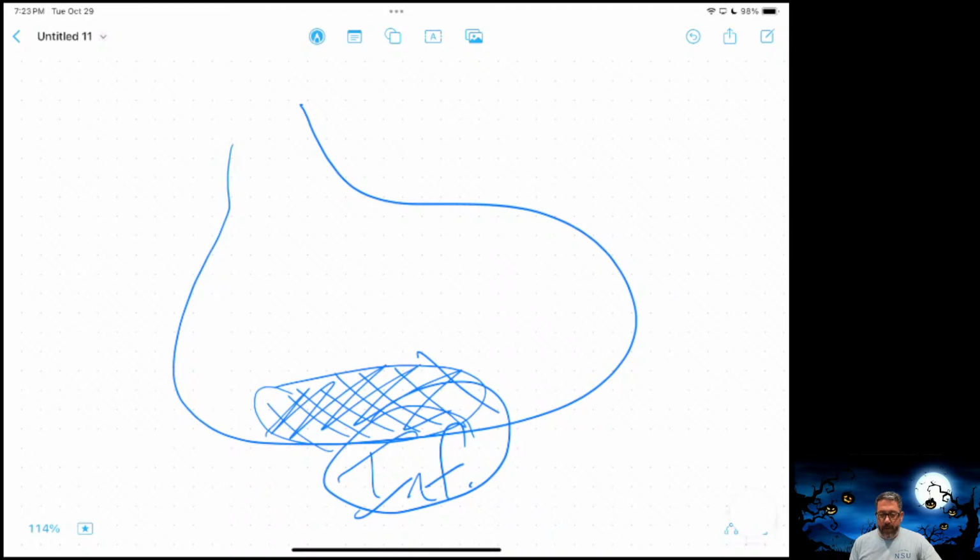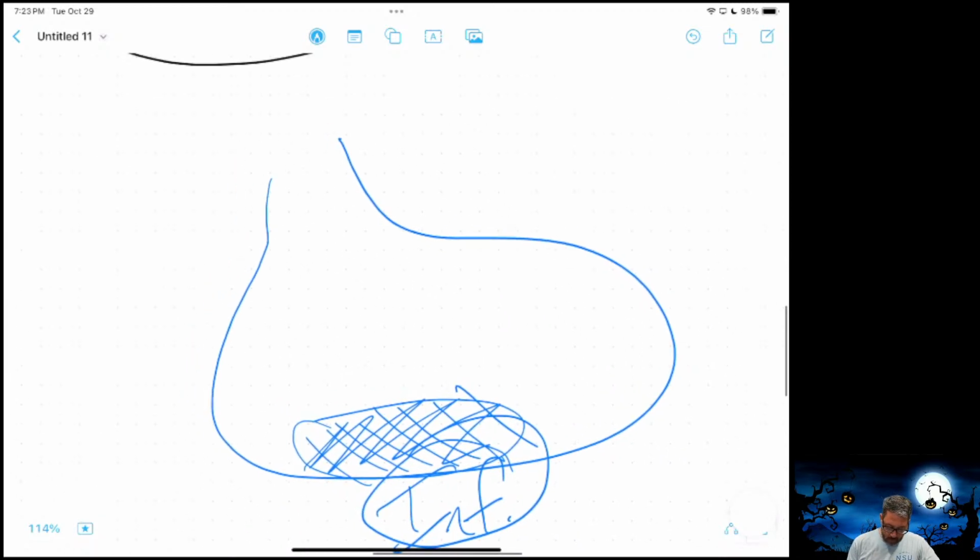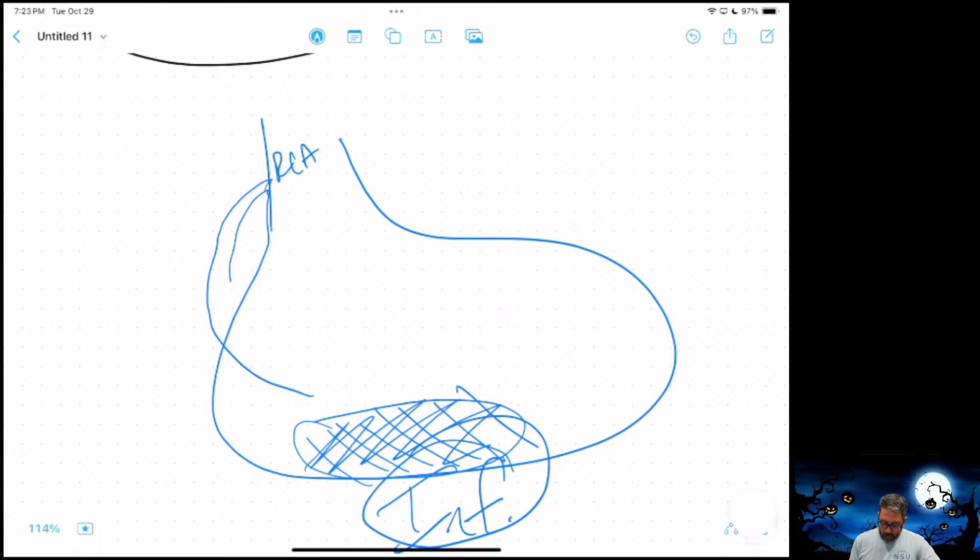So with an inferior infarct, what is the major artery that feeds the inferior part of the wall? Right coronary artery coming off the aorta feeds the inferior wall of the left ventricle.